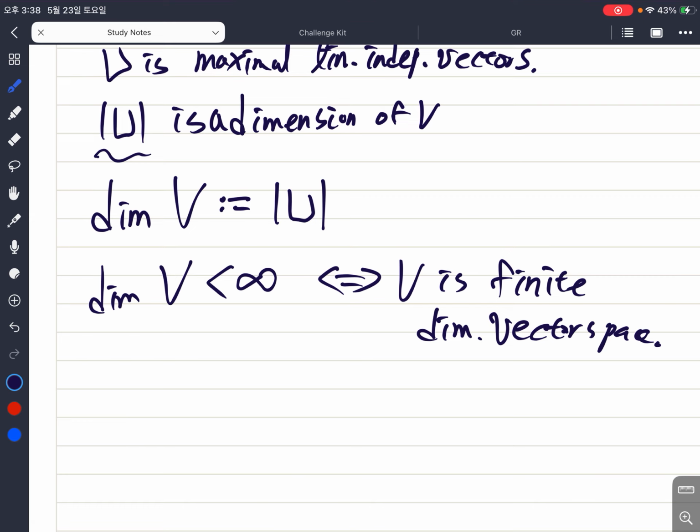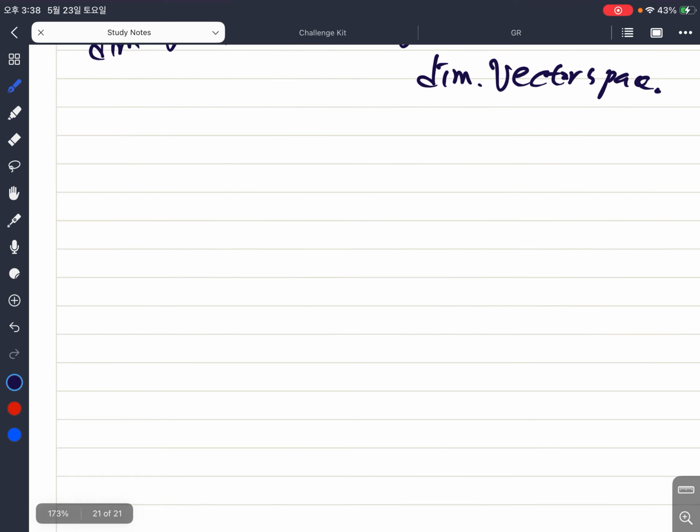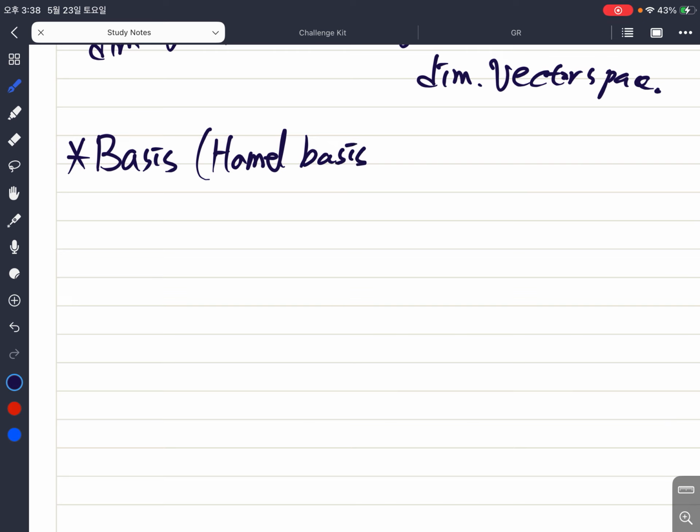And finally, I'll define basis. This is called the Hamel basis. The Hamel basis is a basis in linear algebra without any assumption.